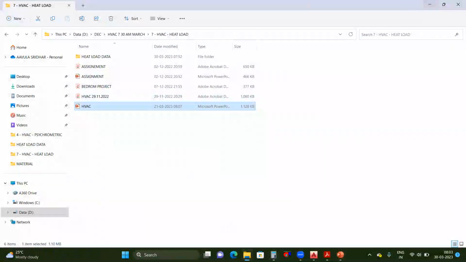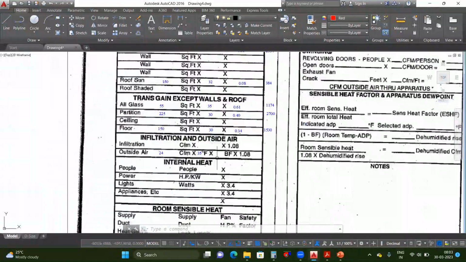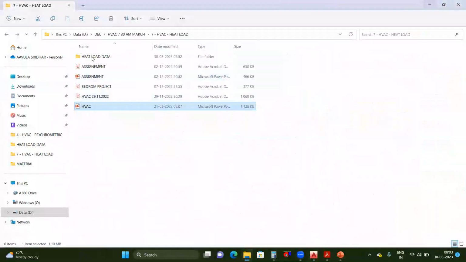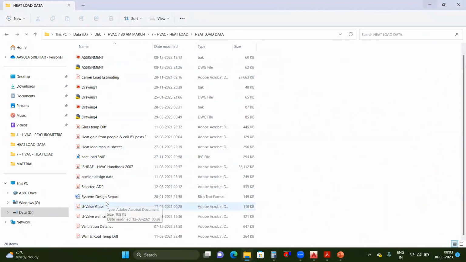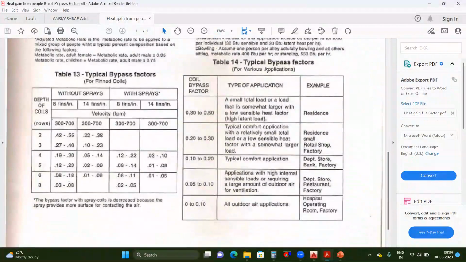So what we are taking now in this sheet is the bypass factor value. To take the bypass factor value, we will refer to one data, the coil bypass factor. In table 14, typical bypass factors, these are the recommended bypass factors for the different applications.